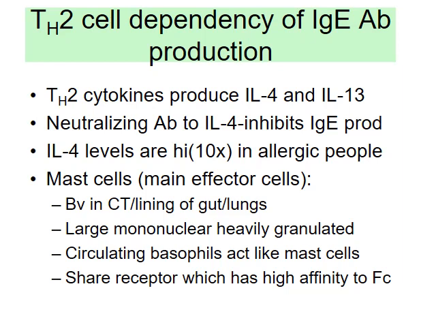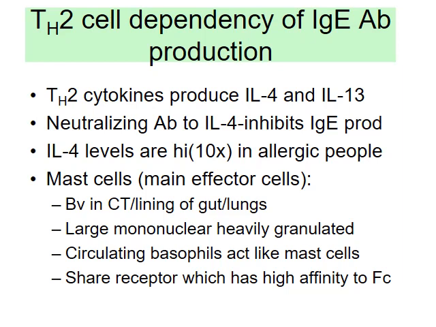So Th2 cytokines, which normally produce IL-4 and IL-13, are important because of IgE production. Remember, this is a sequence of events and you want to help the patient, so you want to stop the series of events from A to Z. Sometimes you want to do it in the beginning, sometimes in the later part of the cascade.